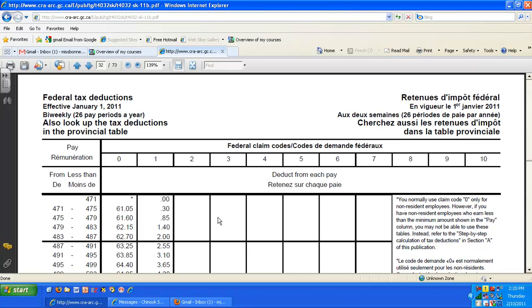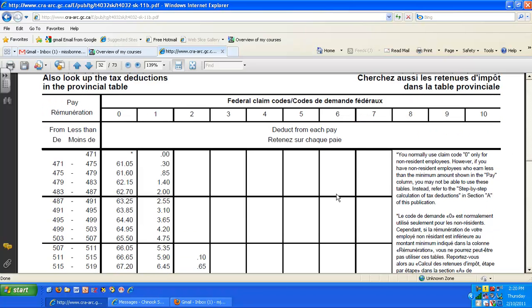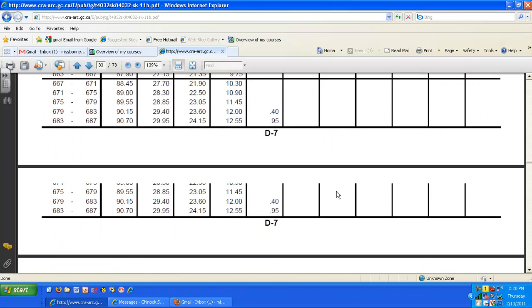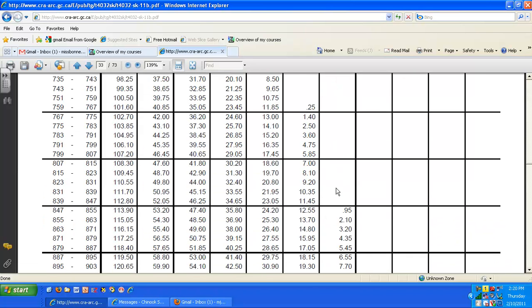Alright, we're going to continue now. On page 32 of our tax tables, we will find federal tax deductions for a bi-weekly pay period. If we were to earn $782, we would find $782 in between the amount 775 to 783.